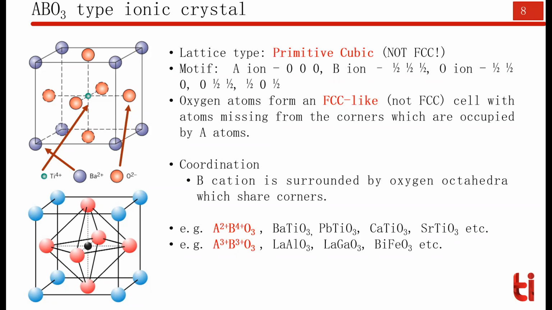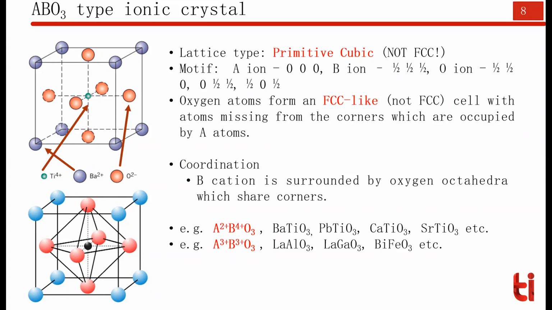ABO3 type of structures can be formed by different ions sitting at A and B positions. You can have two possible valencies that the A and B ions can take.